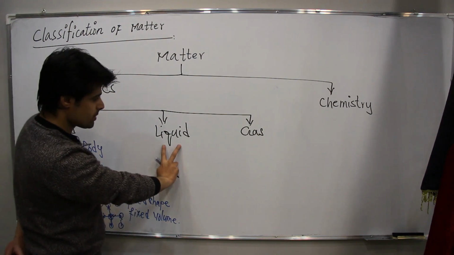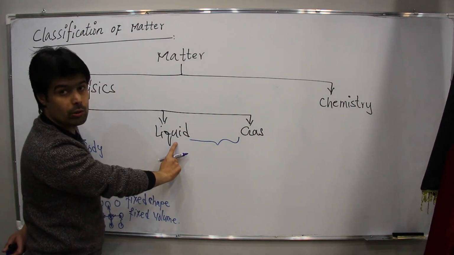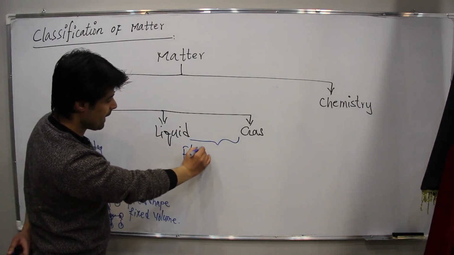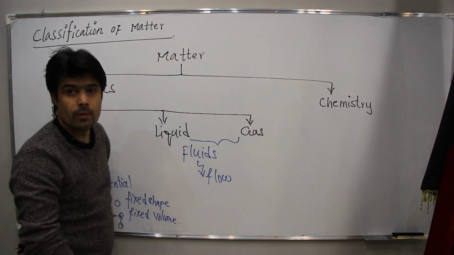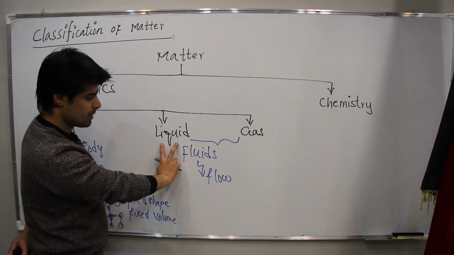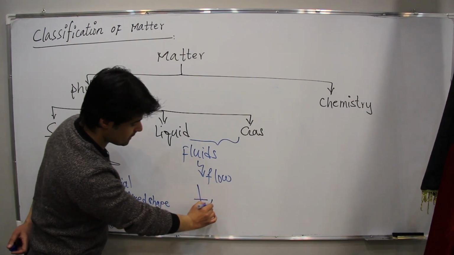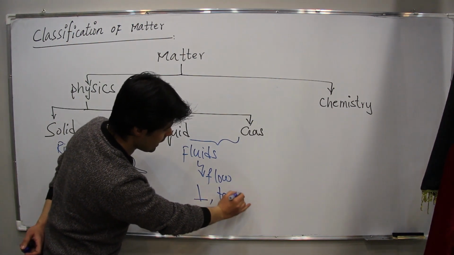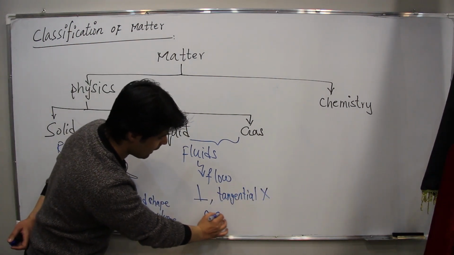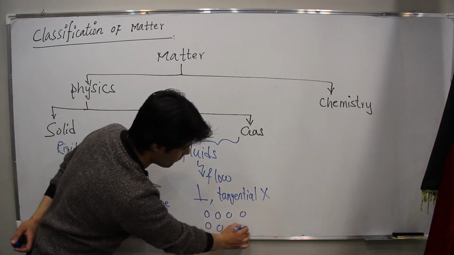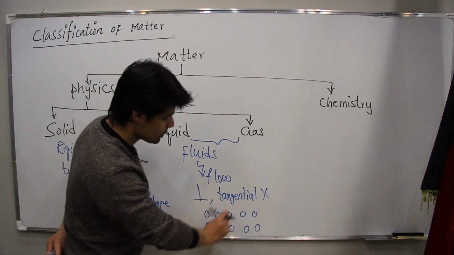Now, liquids and gases, both of them, but mostly for liquids we use the word fluids. Fluid means flow. These are the matters which have one force, that is the perpendicular force, but the tangential force is not present. For example, if we have the atom of a liquid, which force is present?